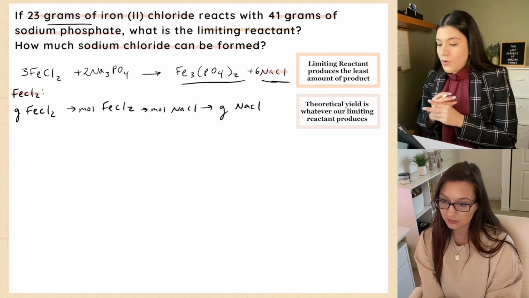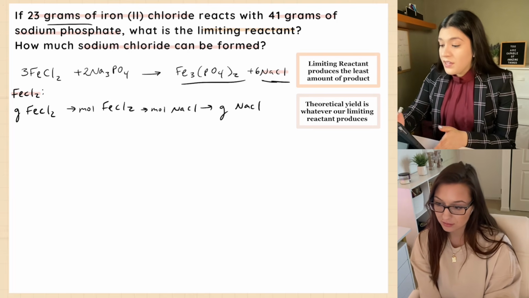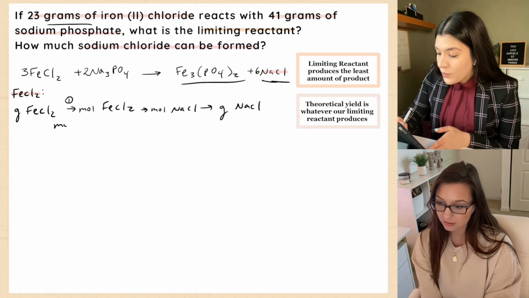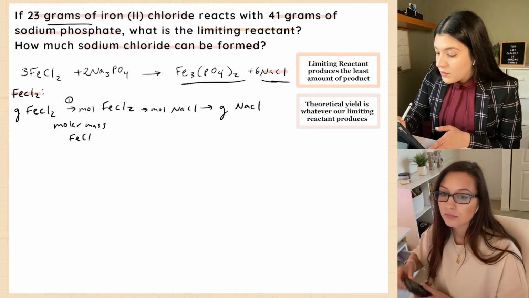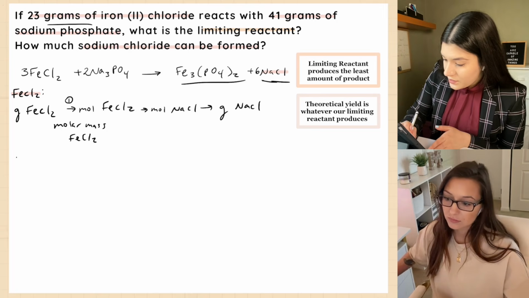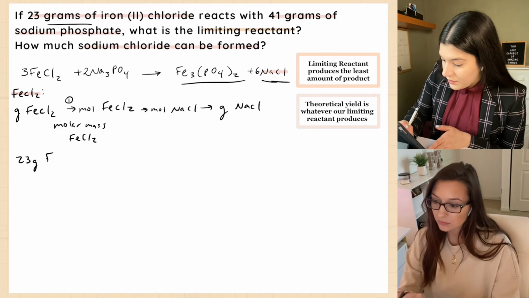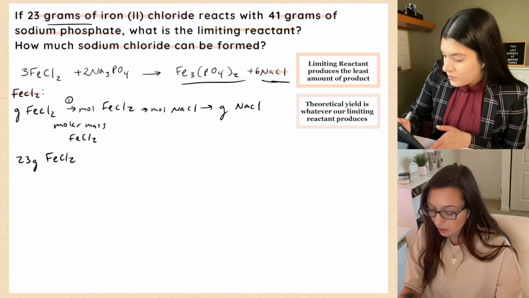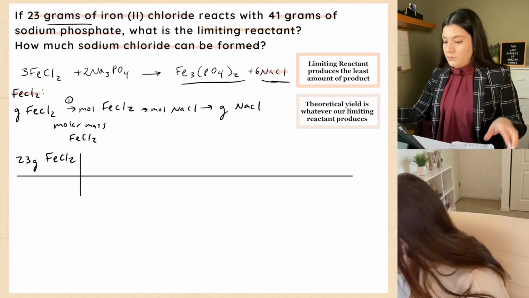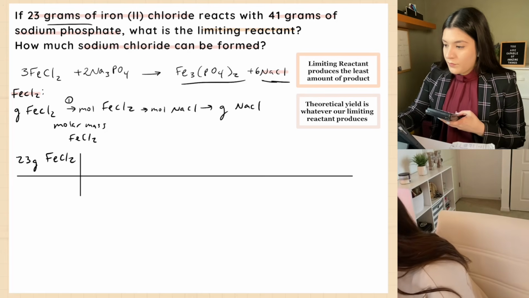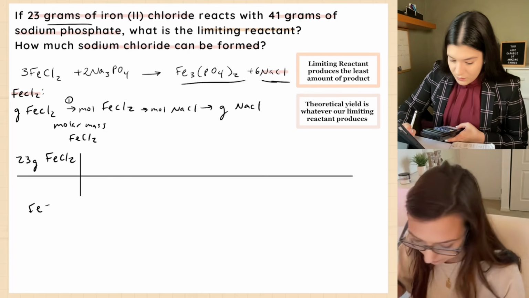Cool. So awesome, I'm just going to plug everything in. The first conversion factor that we're going to use is the molar mass of iron chloride. Let me just set this up. So 23 grams. I haven't found what the mass is, so if you want to do that as well, I'm just going to do that here.